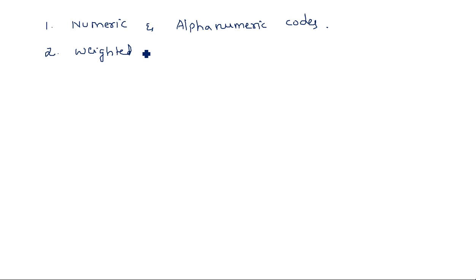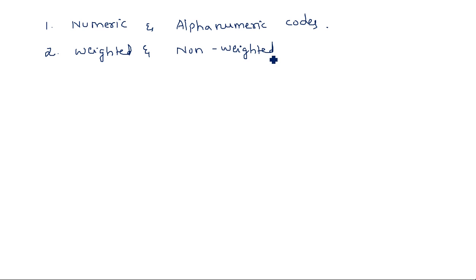Let me write all these. The first one is numeric and alphanumeric codes. The second one is weighted and non-weighted codes.